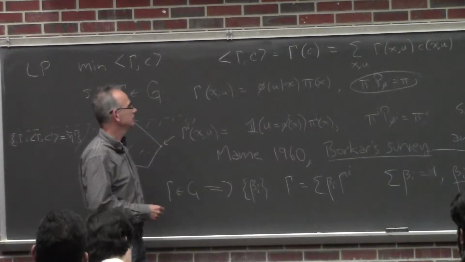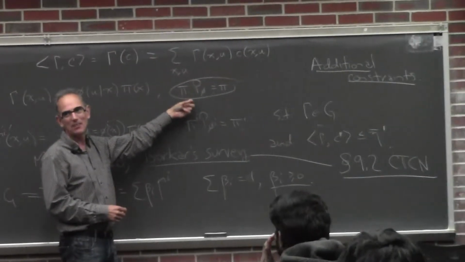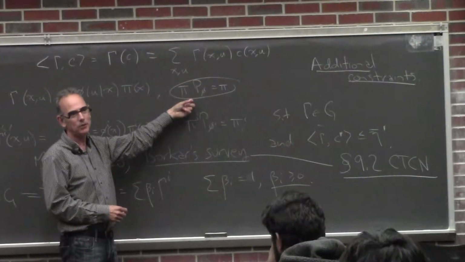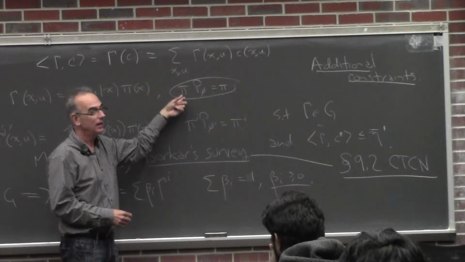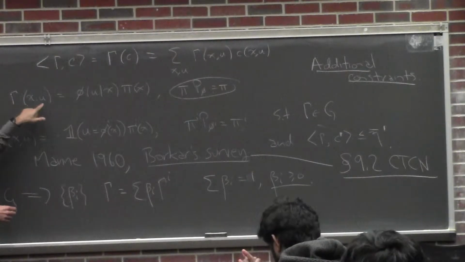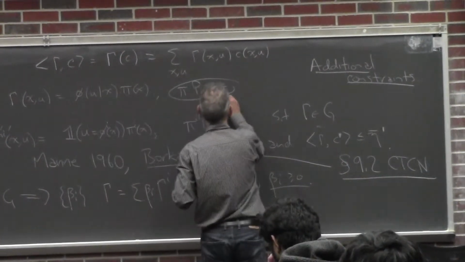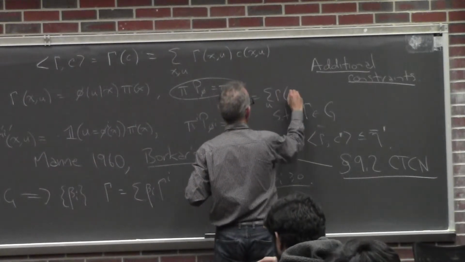The intuition is that the one strange constraint that I wrote down is just saying that pi is just the marginal. So pi of x is equal to the summation over u of gamma of x,u.